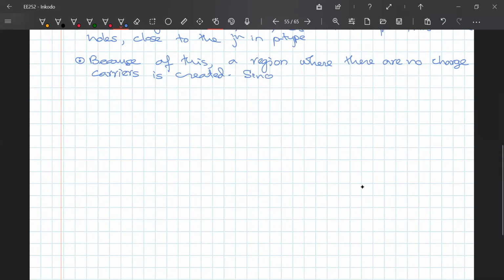Since this region is depleted of charge carriers, it is called the depletion region.